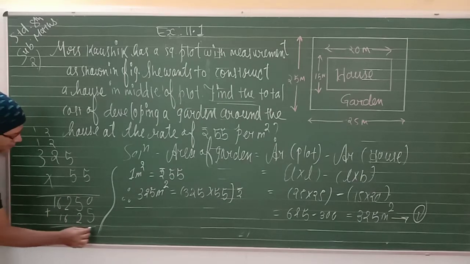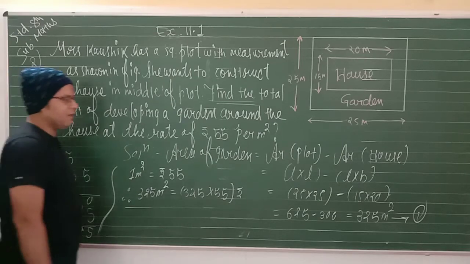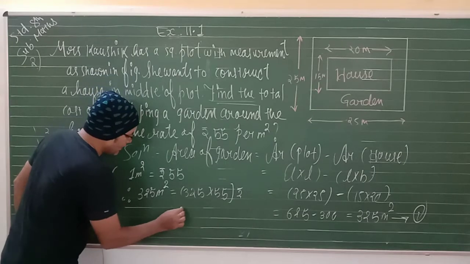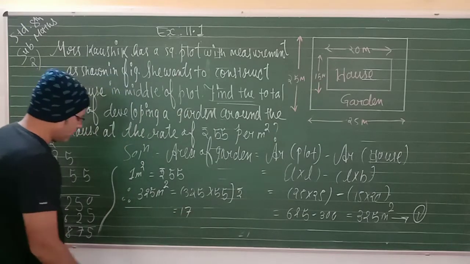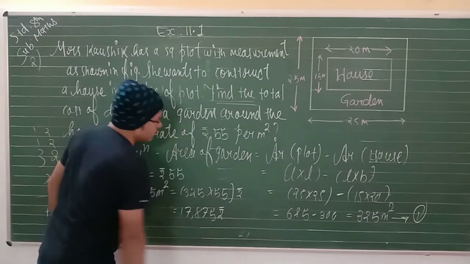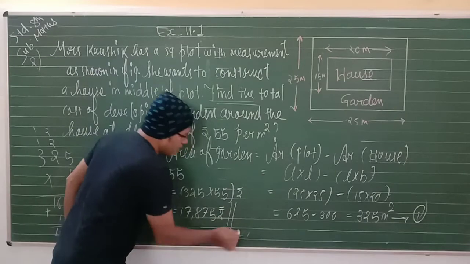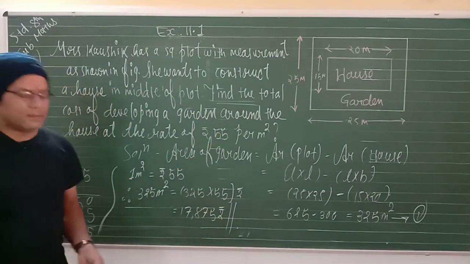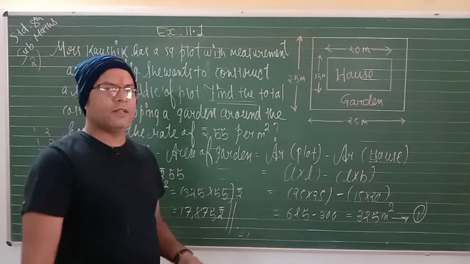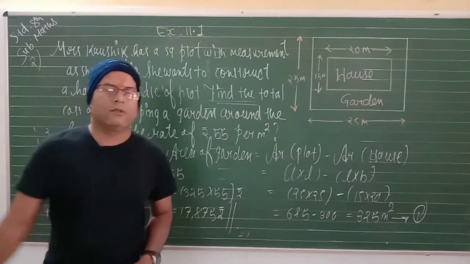Make addition: 17,875 rupees. Okay, this is the final cost. That's it. So this is the way, looking at the figure, you have to get the idea how to solve the sum. Just take a look.